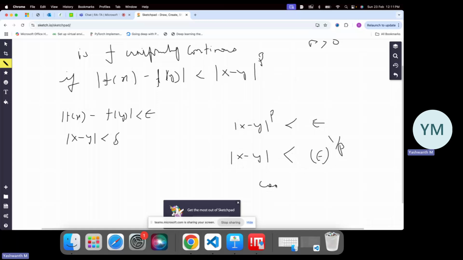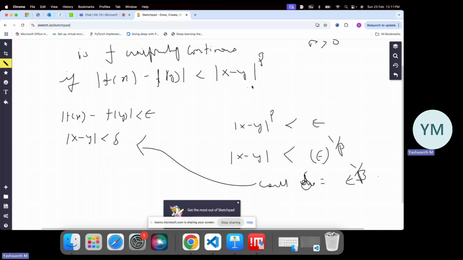We call delta to be epsilon to the power 1 over beta, and plug this into the definition.